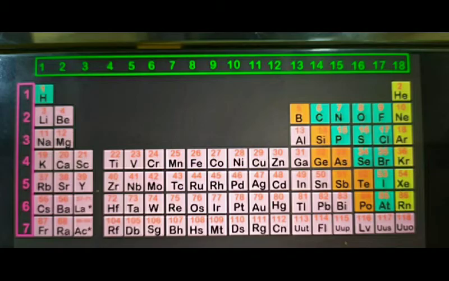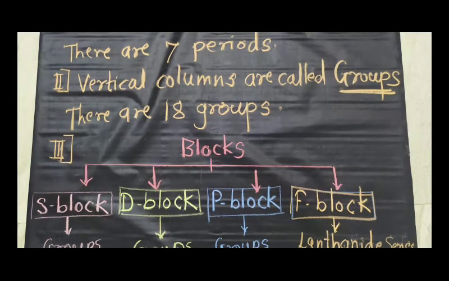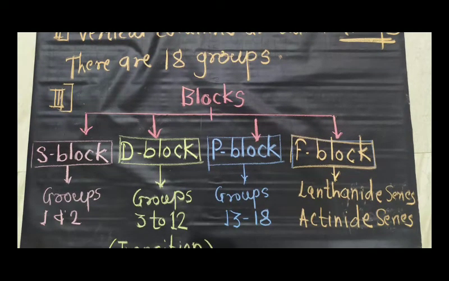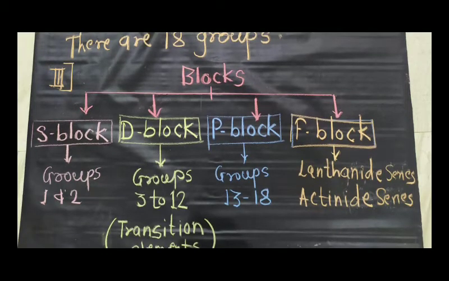The entire periodic table is divided into 4 blocks. Let us see the blockwise distribution of the modern periodic table. The first block, the s block, contains groups 1 and 2. The second, the d block, contains groups 3 to 12, which are also called transition elements.